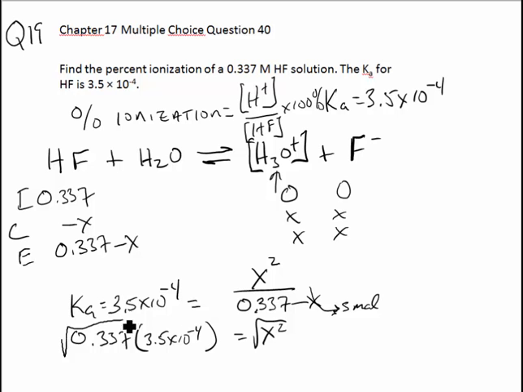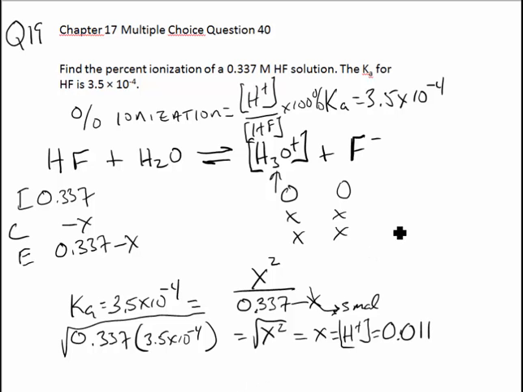So I take the square root of both sides, and I obtain my X, which equals the H plus concentration, and that turned out to be 0.011.